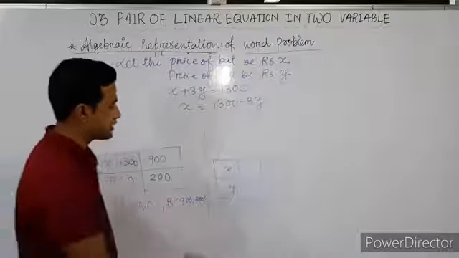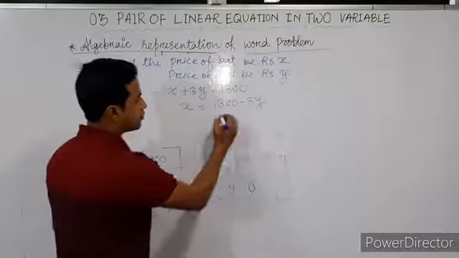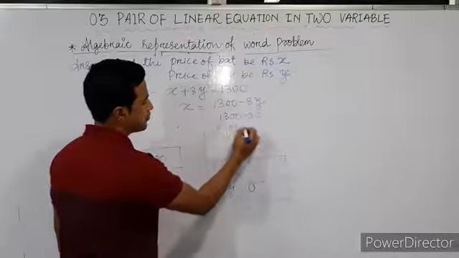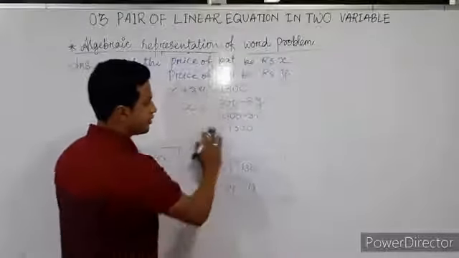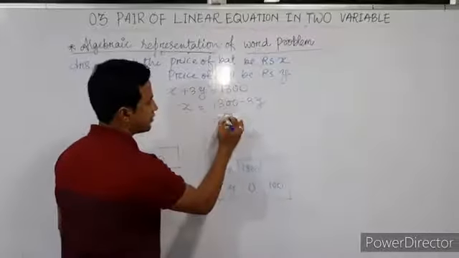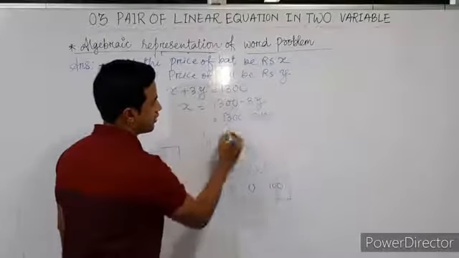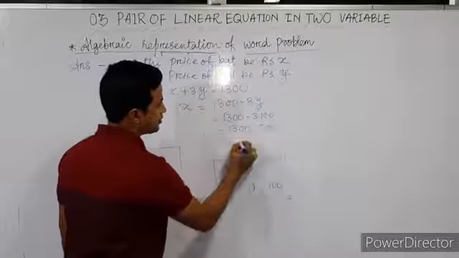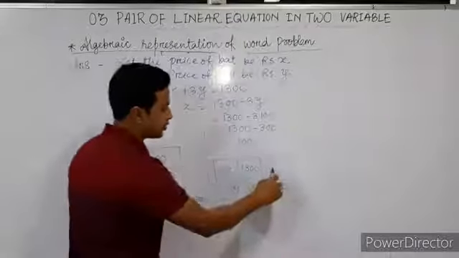If I put the value of y as 0, what do I get? 1300 minus 3 into 0, that is 1300. Similarly, if I put 100, this will be 1300 minus 3 into 100. I got 1300 minus 300 and the value is 1000. So I'll put here 1000.